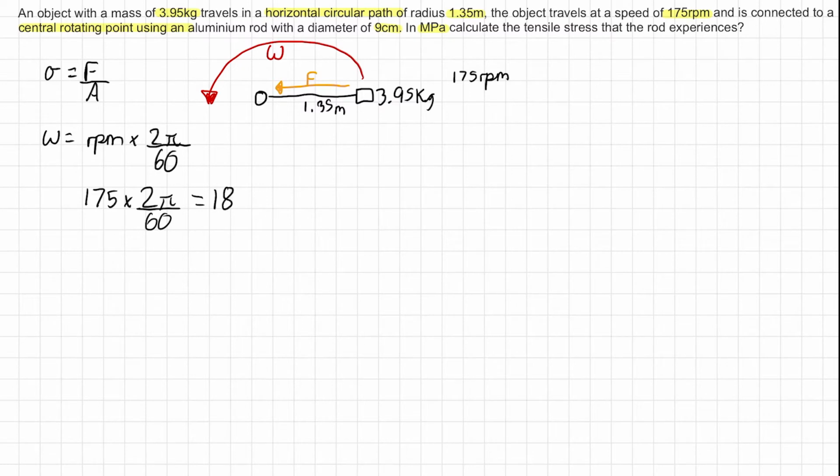And then that gives us 18.32595 radians per second.